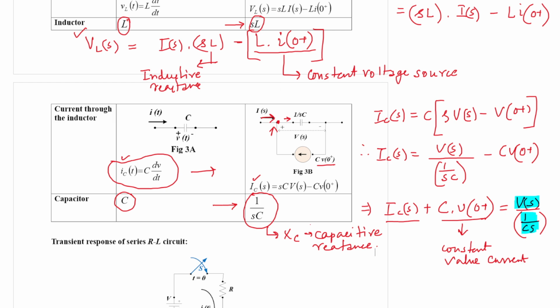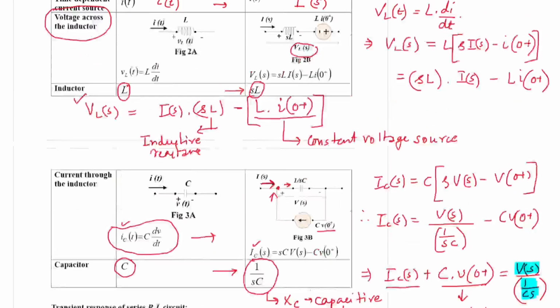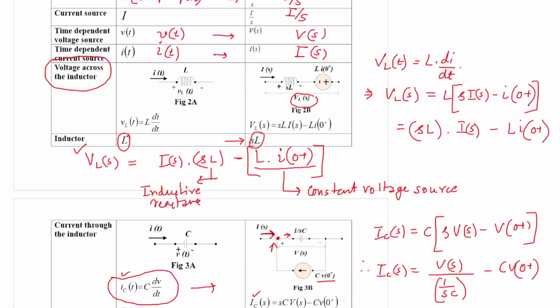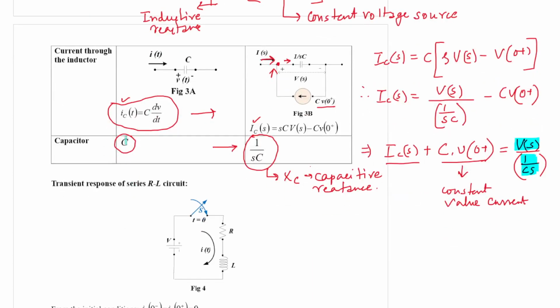So it is very important to understand that when an inductor is present, it must be represented by SL in the Laplace domain, and when a capacitor is present, it must be represented by 1 by SC in the Laplace or frequency domain.